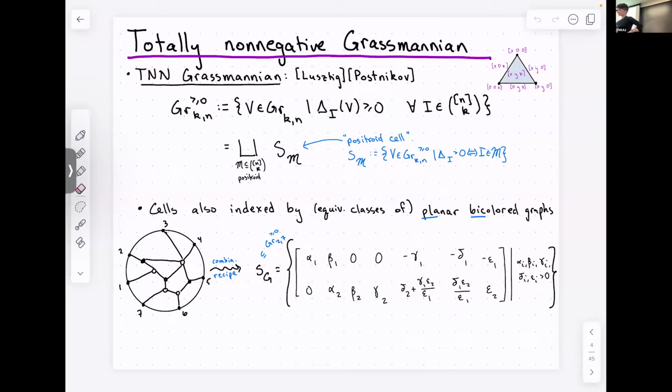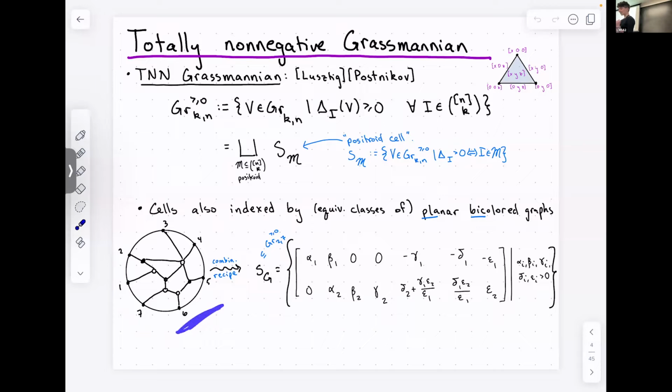Okay, so what is a plabic graph? Just as a reminder, it is a planar bicolored graph embedded in a disk with n boundary vertices 1 through n, labeled clockwise. I'm not going to tell you how this works, but if someone hands you a picture like this, one of these plabic graphs, there is an explicit combinatorial recipe to output a cell in the totally non-negative Grassmannian.